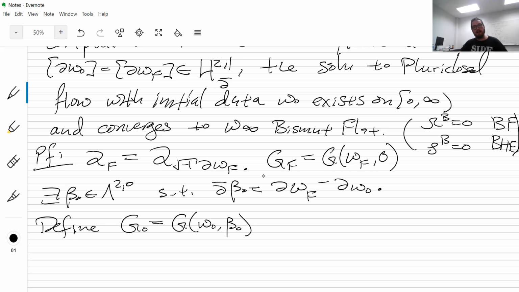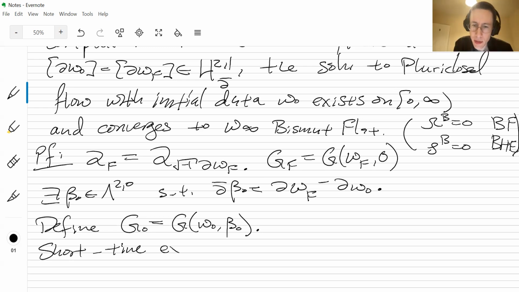So if there were no beta here, it would be a generalized metric on the del omega naught holomorphic Courant algebroid. You pull back by this beta transform, and then you get one on QF. Streets and Tian have already shown short time existence, so we don't have to worry about that. So we've got short time.